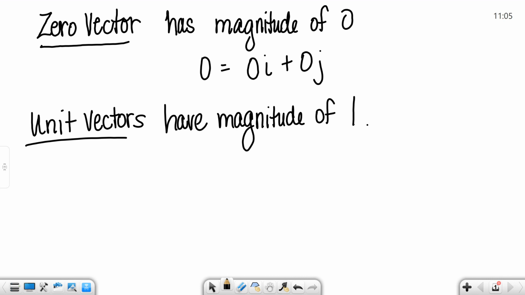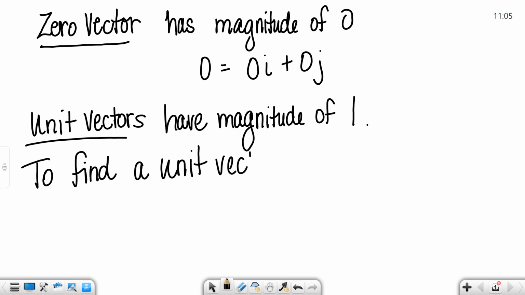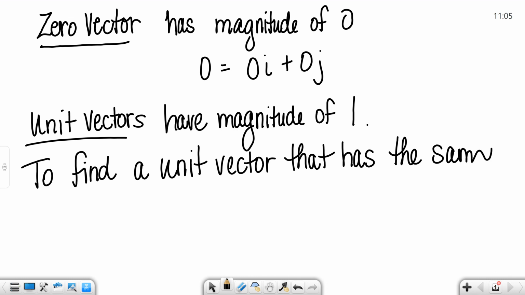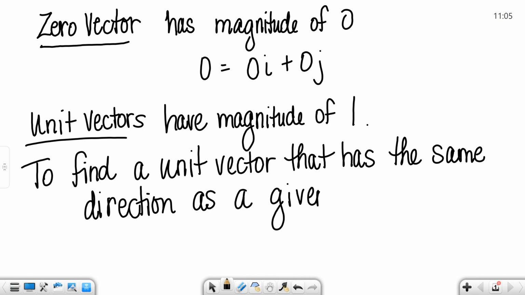And so we sometimes are asked to find a unit vector that has the same direction. Oh, that is the word same. As some other vector that is given to us.